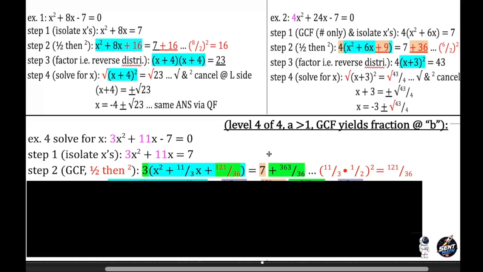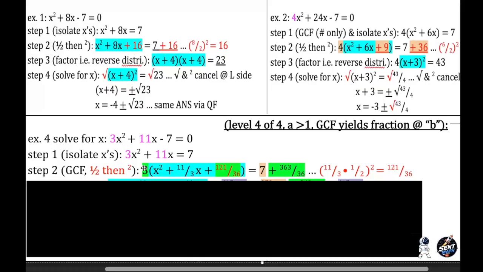Again, do not add 121 over 36 on the right side, because remember, we're not really adding 121 over 36 on the left side. We're adding 3 times 121 over 36. And 3 times 121 over 36 is going to be 363 over 36.